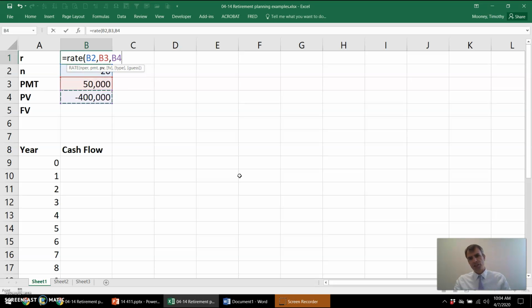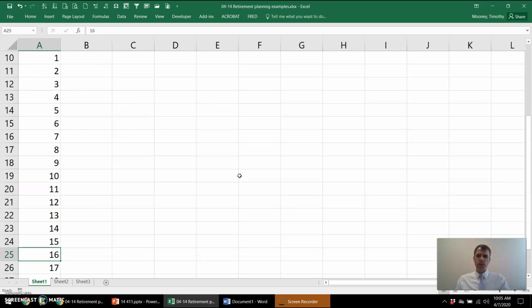We start with $400,000, negative $400,000 is present value. And that's all I'll put in. What comes out is 11%. If I remove the number formatting, Control-Shift tilde, we need to earn about 10.93% to make this $400,000 last 20 years. Okay, seems a bit optimistic in retirement, but illustrative of the facts of the problem.